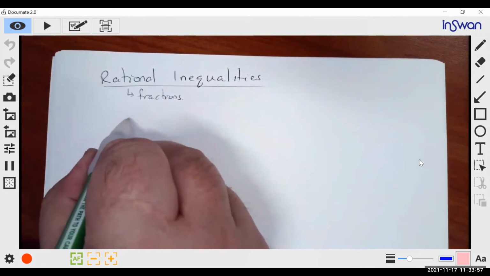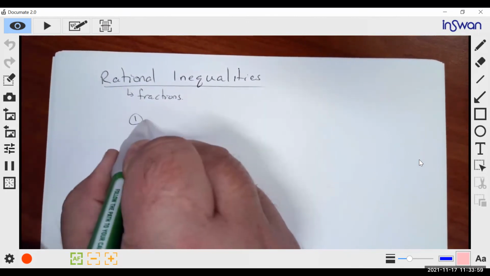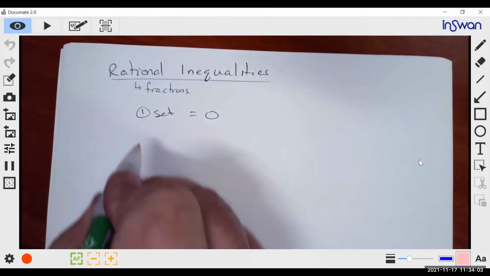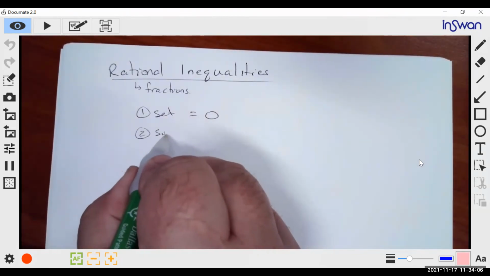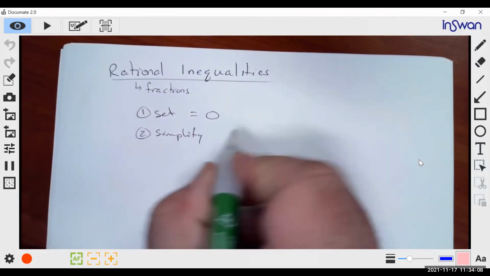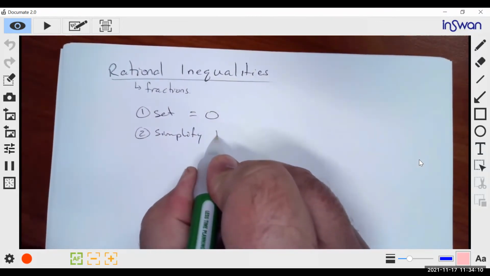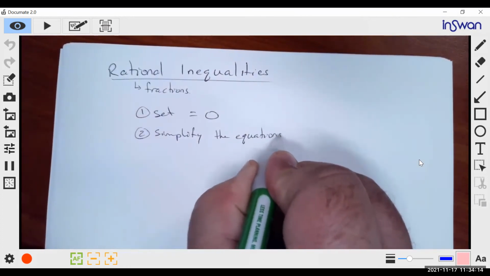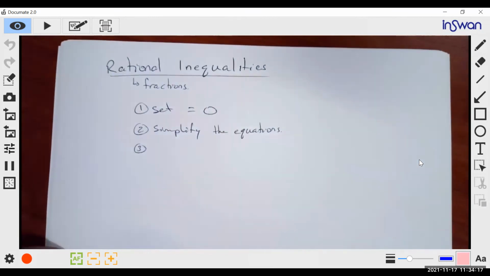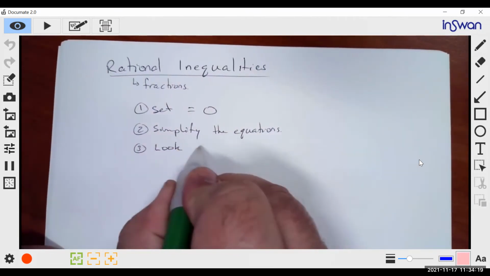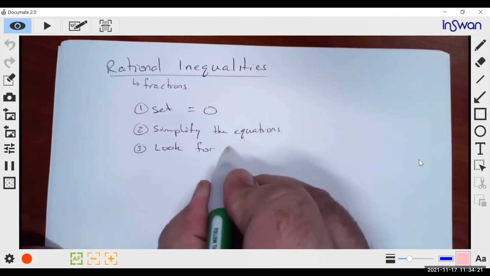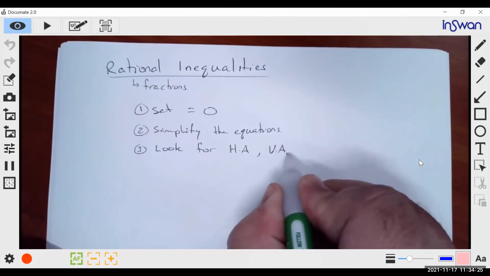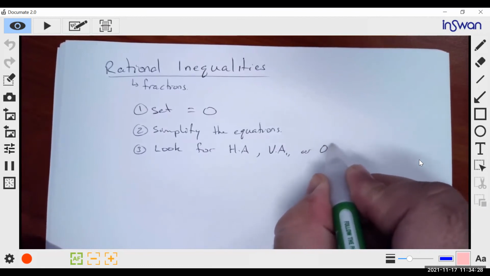So the same rules: set equal to 0, simplify the equations. But now you have to look for horizontal asymptotes, vertical asymptotes, or oblique asymptotes.